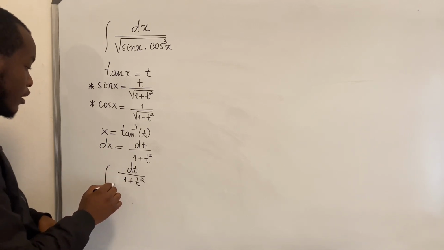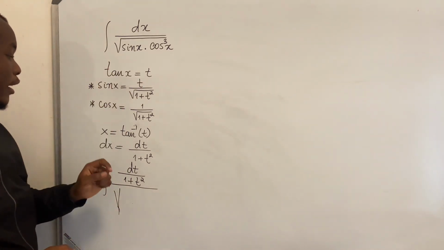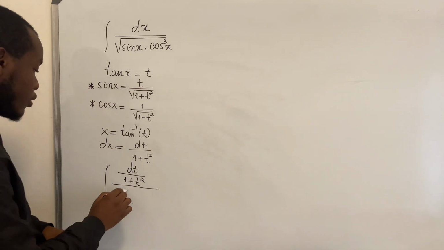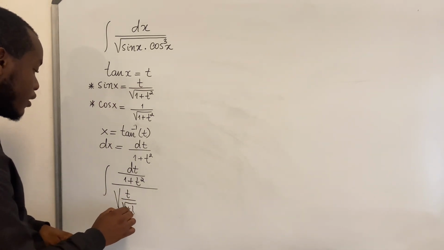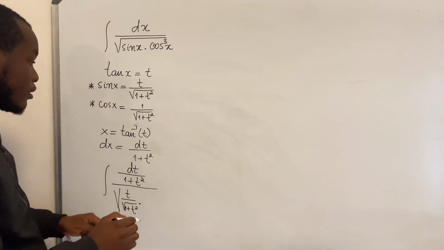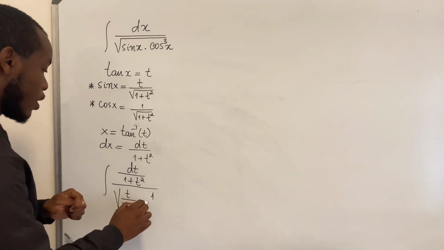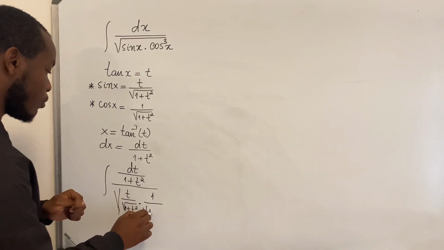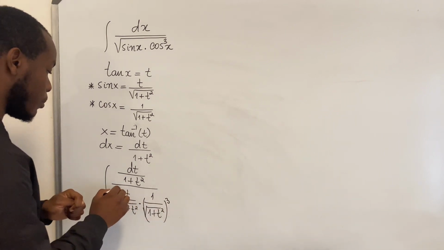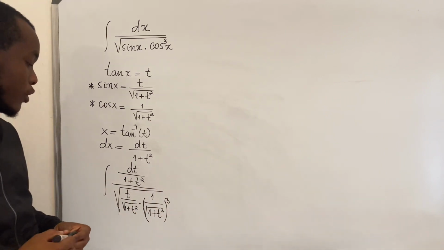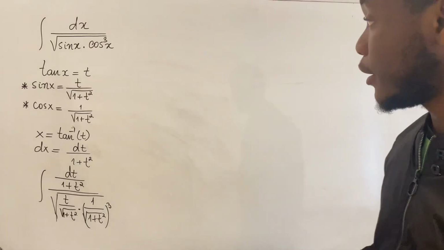All right. Now over the square root of sine. Sine is this expression, so we have t over the square root of 1 plus t squared times the expression for cos, which is 1 over the square root of 1 plus t squared, but remember cos is to the power 3. That's the expression that we get for cos. Right, let's continue.